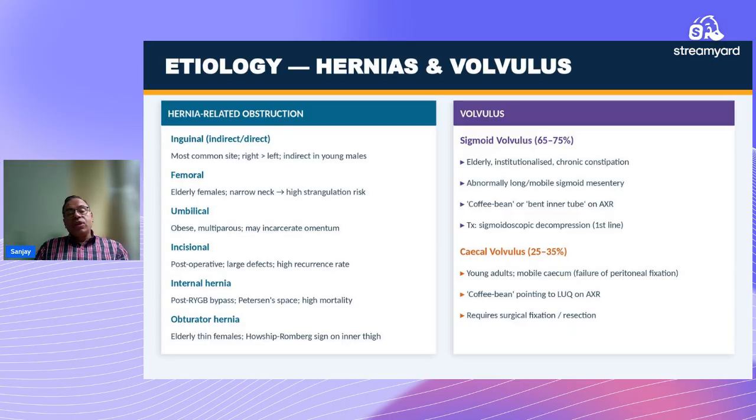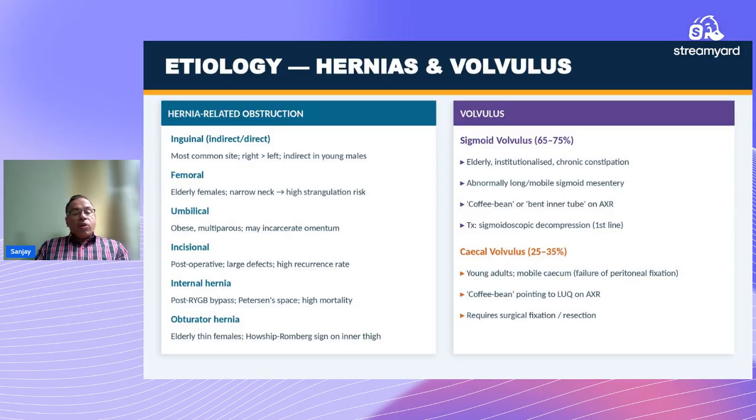Hernias and volvulus play a very important role in intestinal obstruction. Hernia-related obstructions, if you see, inguinal hernias are one of the more common, and among inguinal hernias, indirect hernias are more prone to intestinal obstruction because the contents have to pass through the inguinal canal, which is quite narrow.